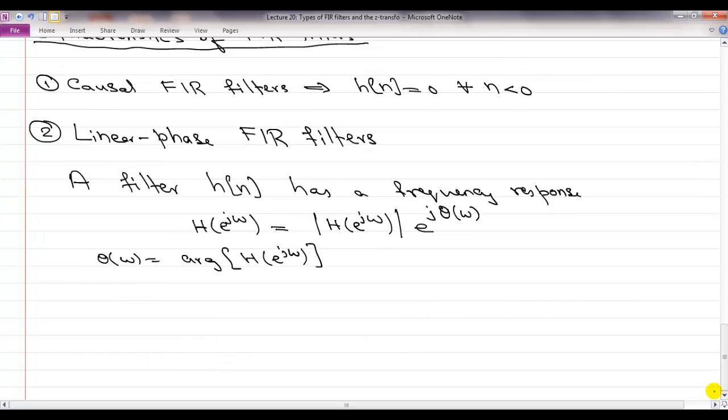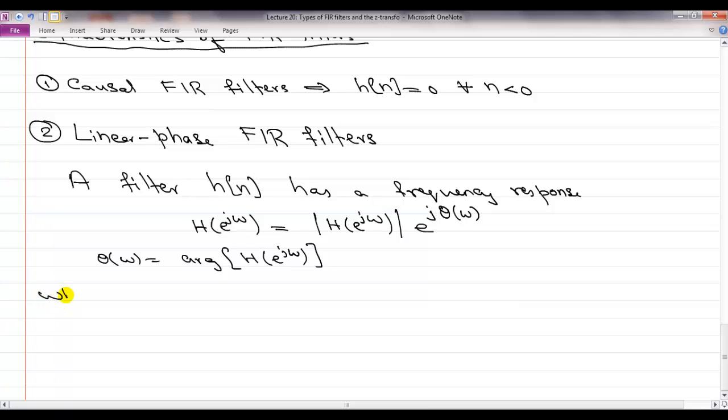Now, so far we have focused our discussion on only the magnitude. We have talked about, well, if the magnitude does this, then it is a low pass filter. If it does that, then it's a high pass filter, and so forth. So what about the phase? What is the value of the phase? Well, the value of the phase is sometimes important, at other times it is not that important, and we'll try to motivate that.